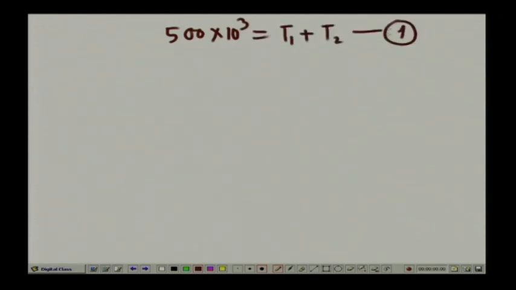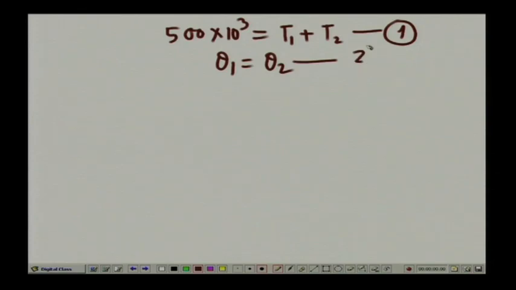Now, let us compute. The equilibrium equation is 500 into 10 to the power 3 Newton millimeter equals T1 plus T2. This is equation 1, and the second equation is theta 1 equals theta 2.